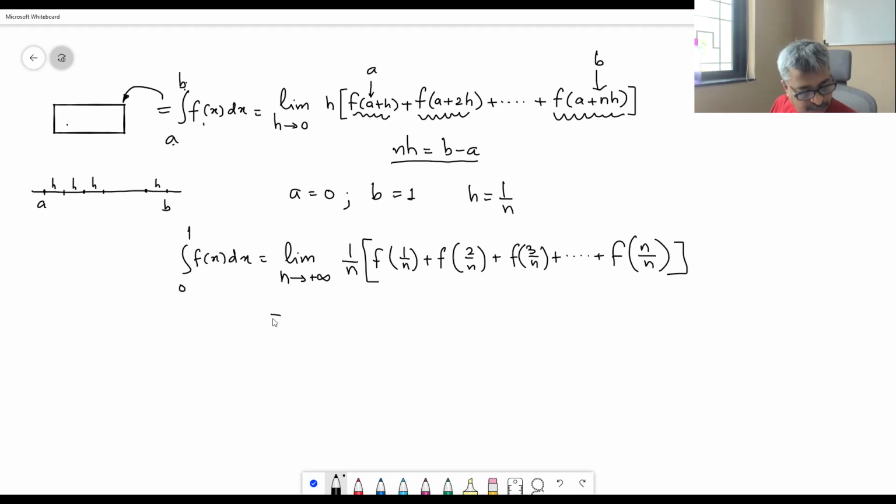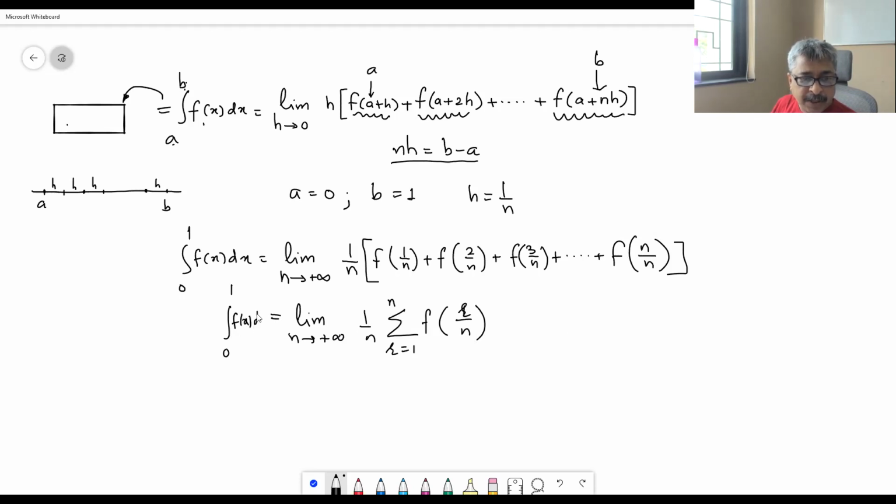So in summation notation, we can write it as limit n tends to plus infinity 1 over n sigma r goes from 1 to n f of r over n. This is important. This is integral 0 to 1 f of x dx.